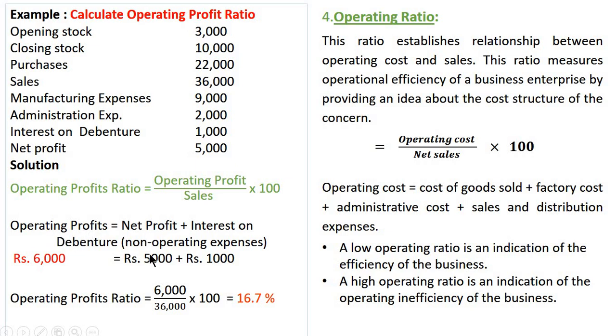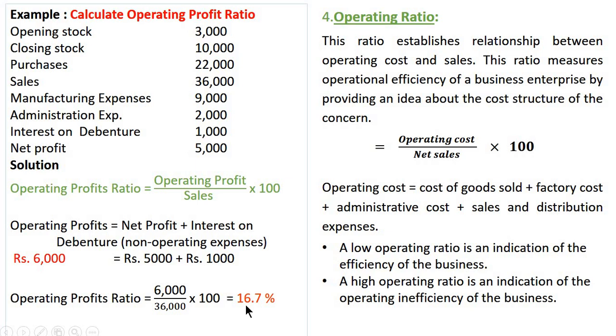Net profit is 5,000 rupees, and adding the non-operating expense given in the example, that is 1,000 rupees interest on debentures, the operating profit is 6,000. Operating profit 6,000 divided by sales 36,000 rupees as given in the problem and multiplied by 100, the answer is 16.7%.